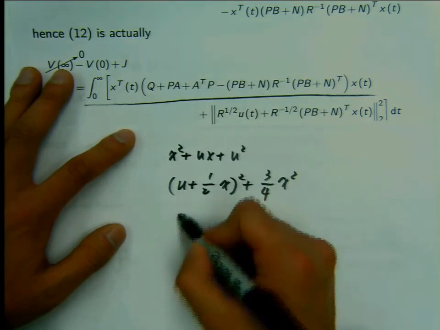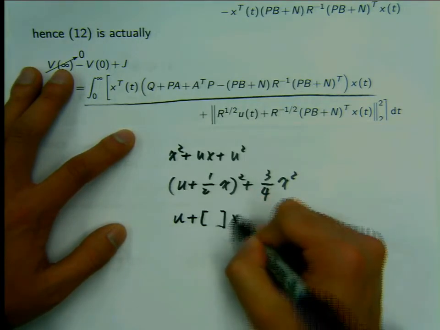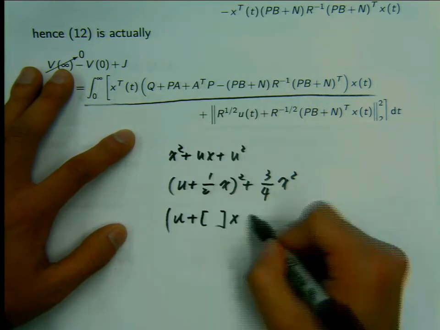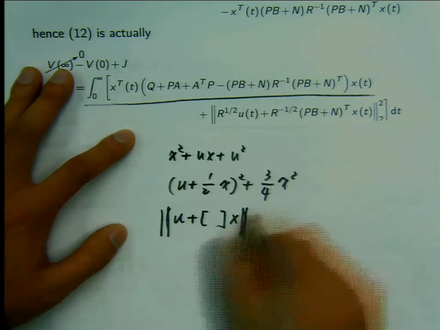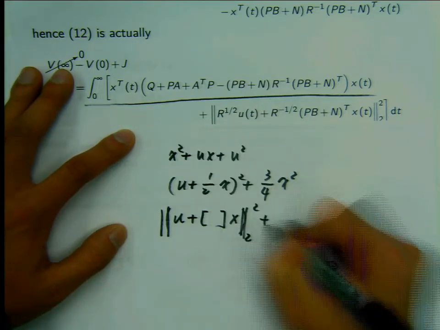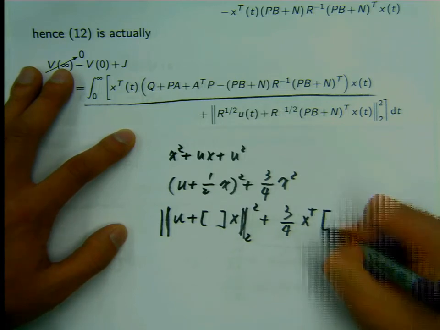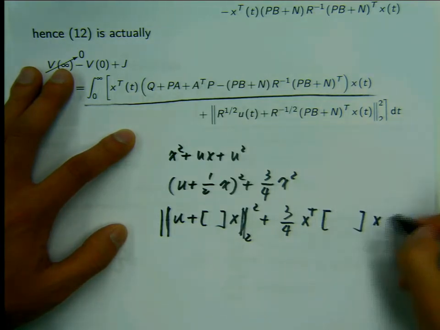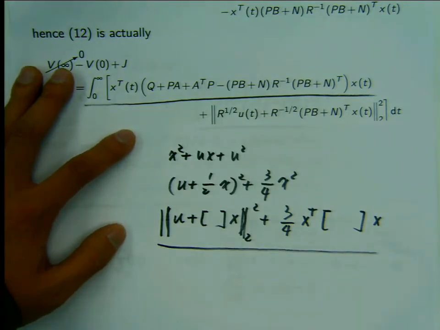So if I have u plus some term x, now it becomes a general, let me do the matrix case. This becomes a matrix. I'm going to have x transpose, then another matrix inside here. I want to minimize this guy. Okay?